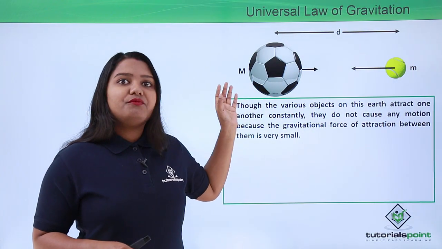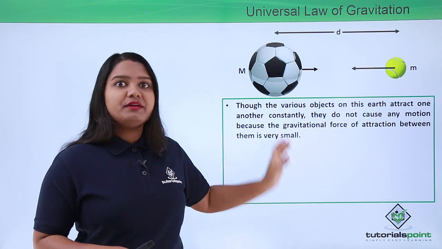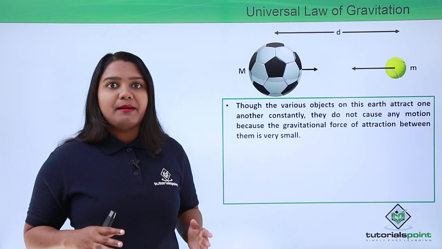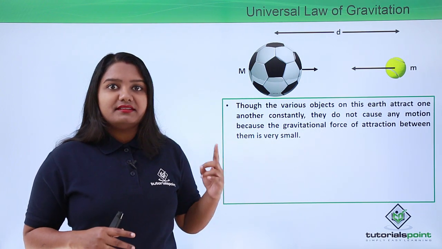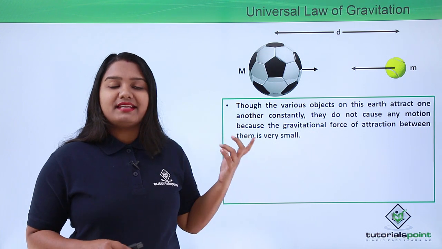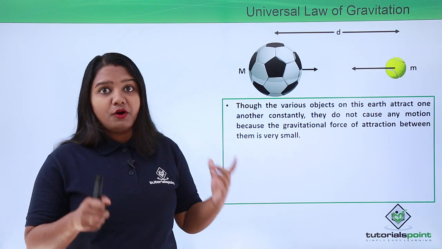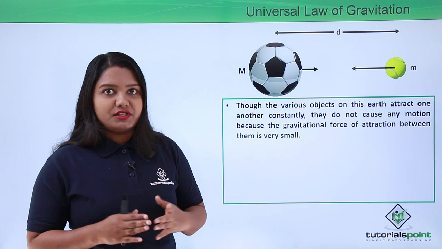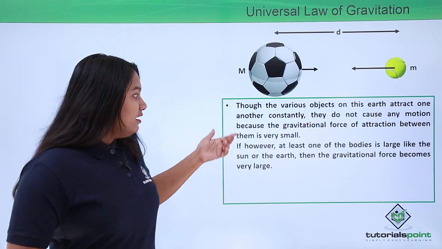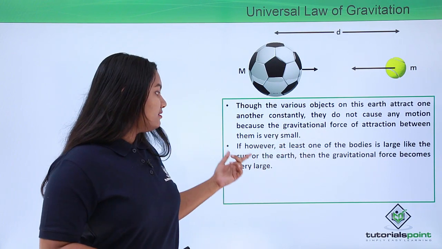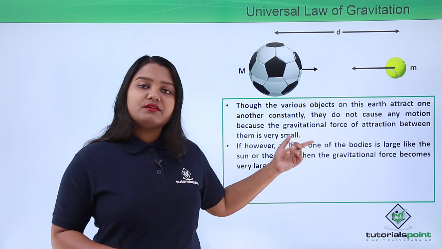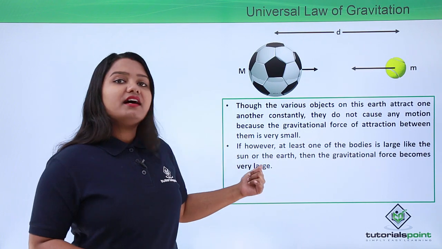If at least one of the bodies is very, very large, for example, if one of the bodies turns out to be Earth, then we can observe this gravitational force, since the product of their masses becomes large in that case. So if at least one of the bodies is large, like the Sun or the Earth, then the gravitational force becomes very large.